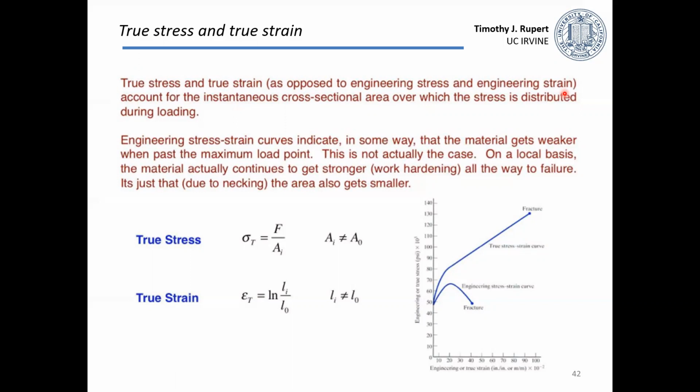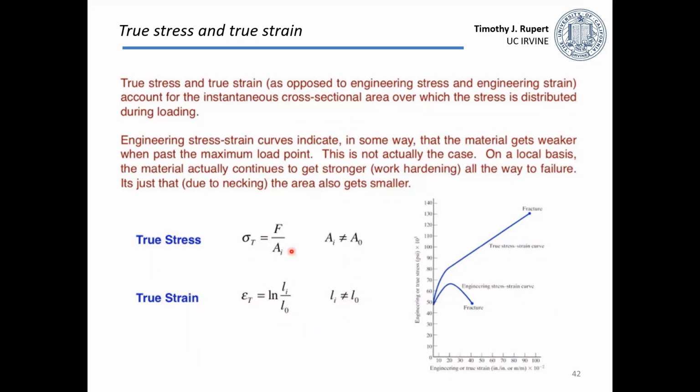Okay? We can also describe what the true stress is. That would be the force at a given time divided by the area at that given time. And that area doesn't have to be equal to the original area. Similarly, we can do this with our strains, taking the instantaneous change in length divided by the length immediately before that, and we represent that with a natural log in this case.